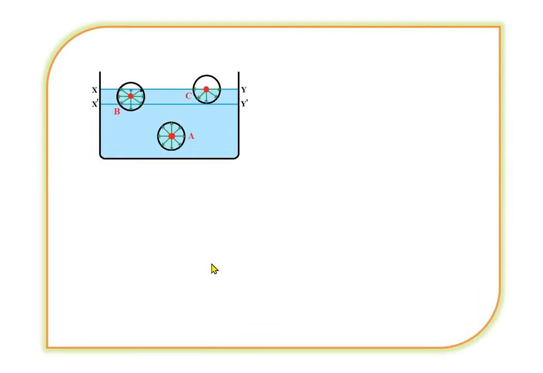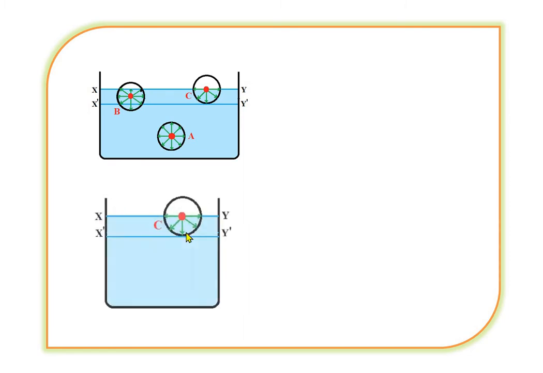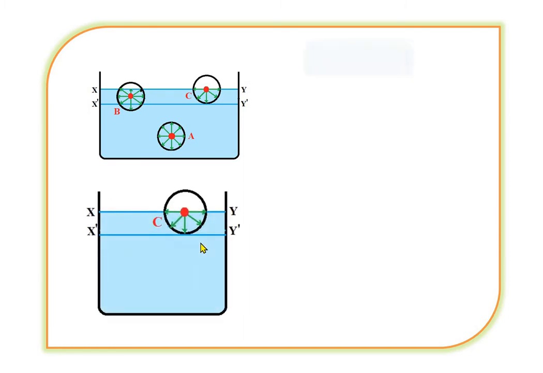Let's see molecule C, in magnified form. For molecule C, see in the figure carefully, half of the sphere of influence is in the air and half is in the liquid.